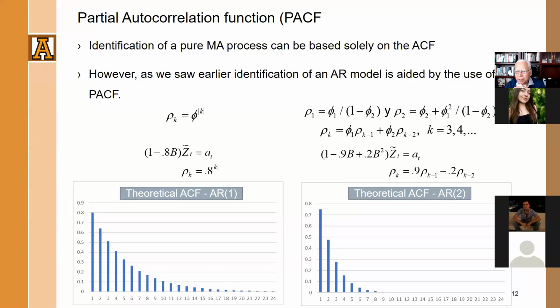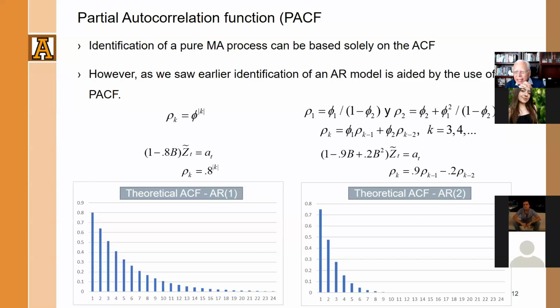We don't need more. Now, we never know if what we have is an ARMA model or MA or an AR. That's what we have to determine. So we need to look at the PACF, the partial autocorrelation function, together with the ACF.